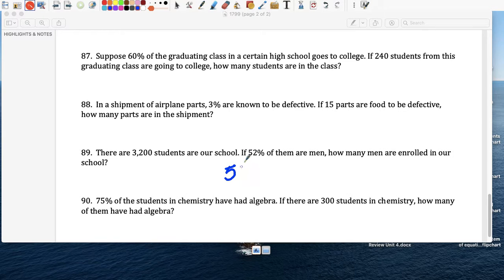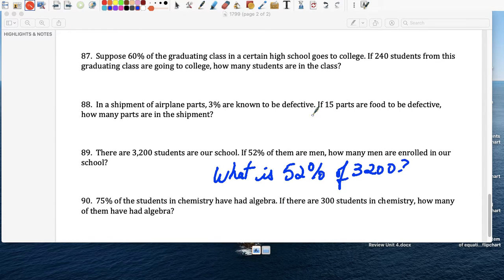We're looking for the part here. What is 52% of 3,200?